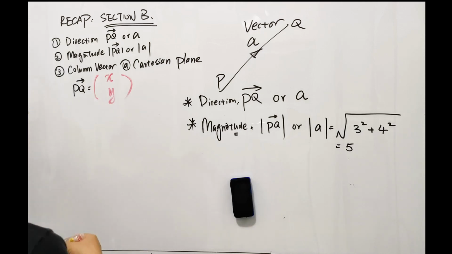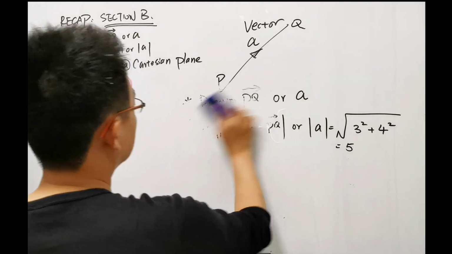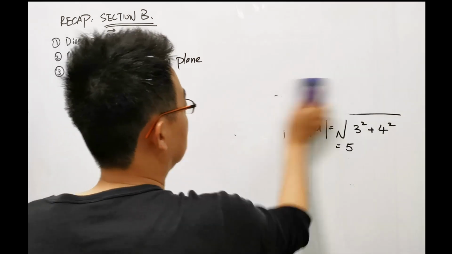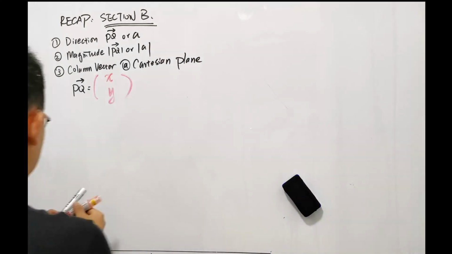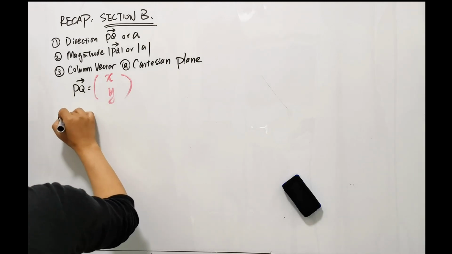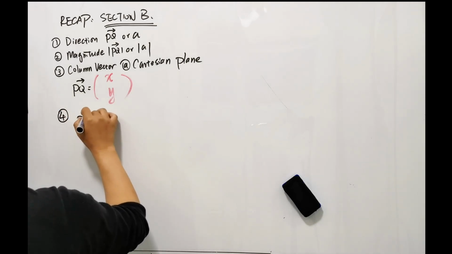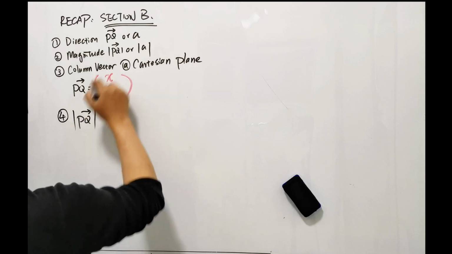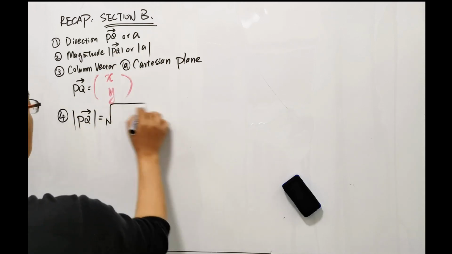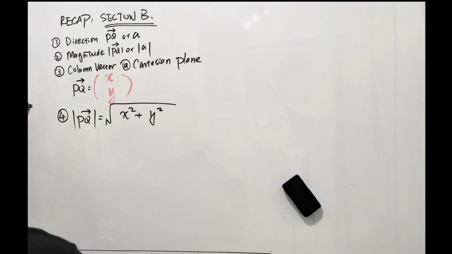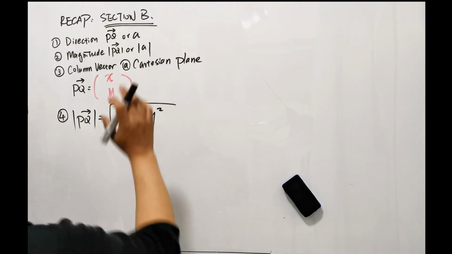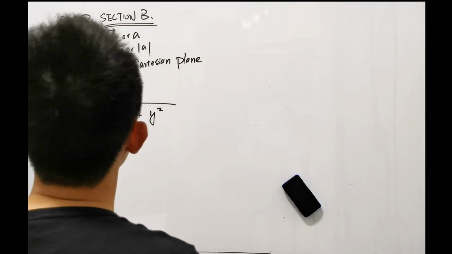From the calculation, we also know that the magnitude here equals the square root of x squared plus y squared, right? That is what we talked about in section B.